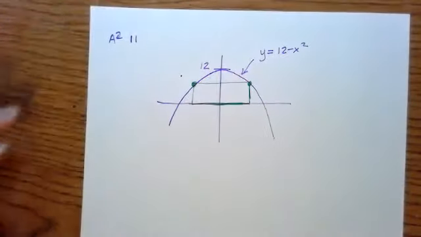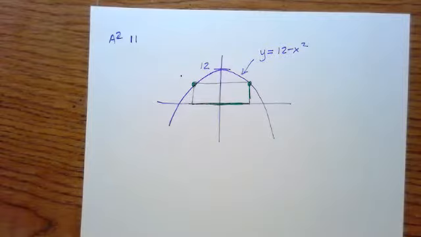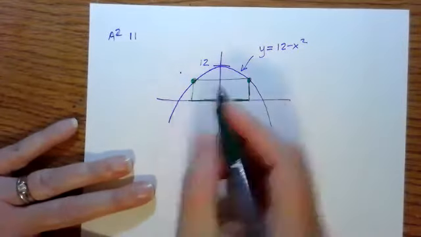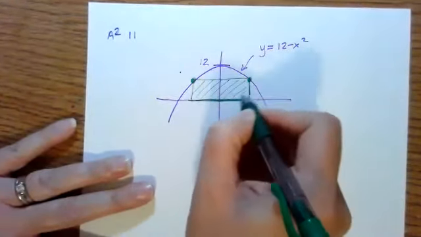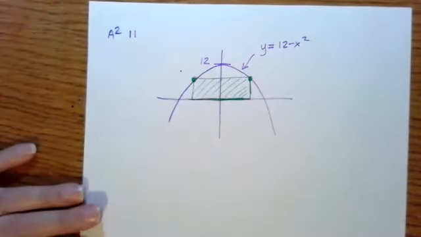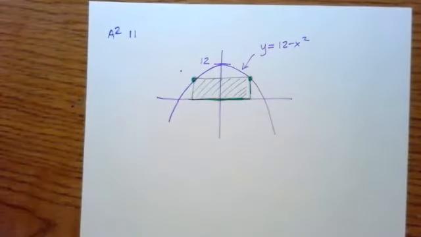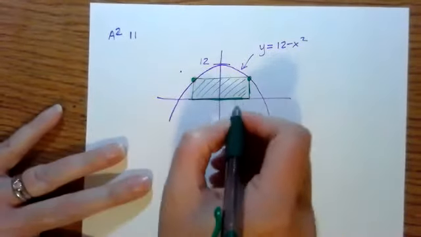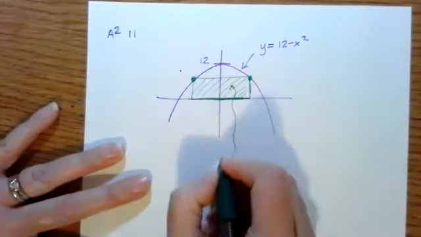What are we trying to find? Well, we found the formula to be A equals 2x. A for what?